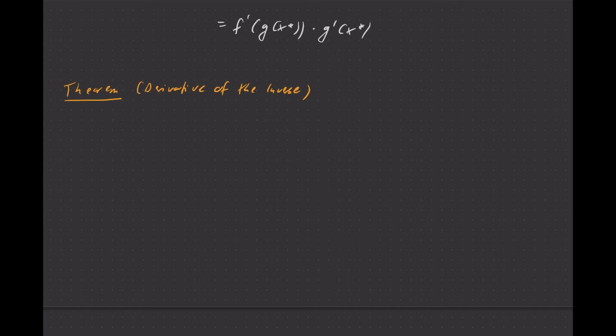Of course, we again need a suitable setup. So let's again say we have two intervals, I, J, both open intervals. And we have a bijective function between those two. So let f be a function with domain I and codomain J. And we want that to be bijective so that there is an inverse.